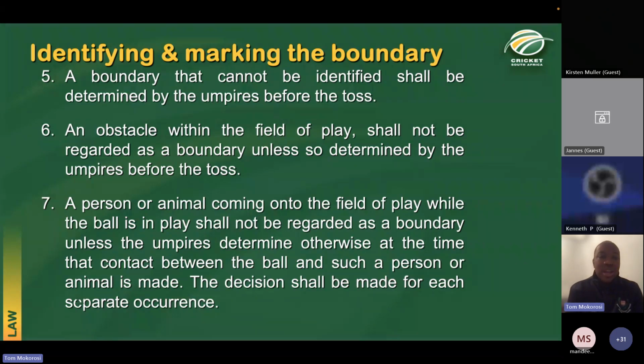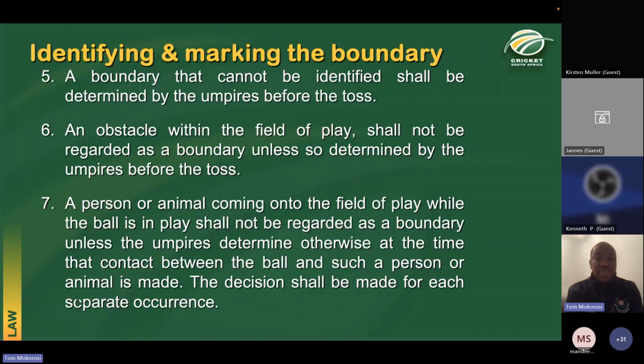What happens if a person or an animal comes onto the field of play? The law says that while the ball is in play, it shall not be regarded as a boundary if that unauthorized person or animal comes onto the field and gets into contact with the ball, unless the umpires determine otherwise.